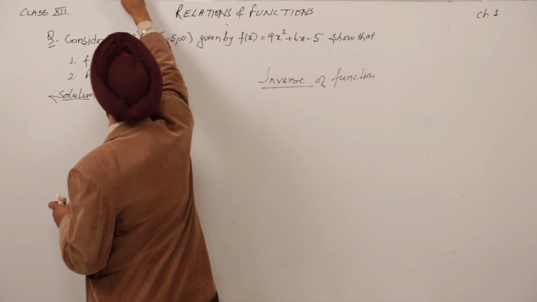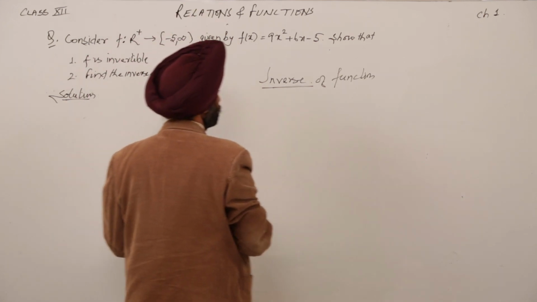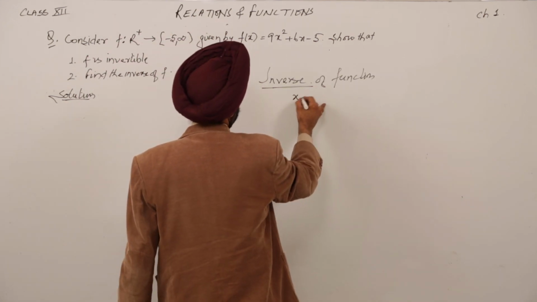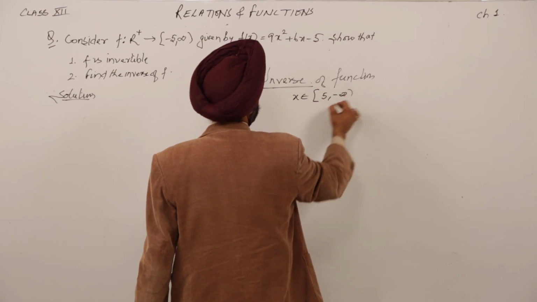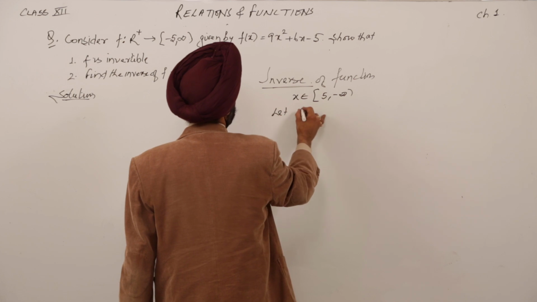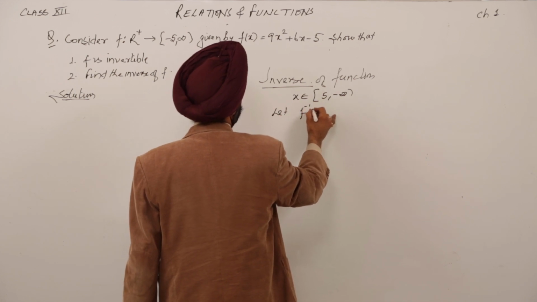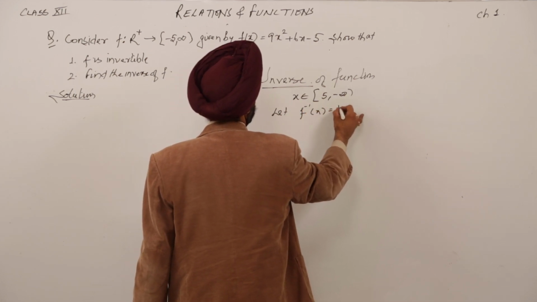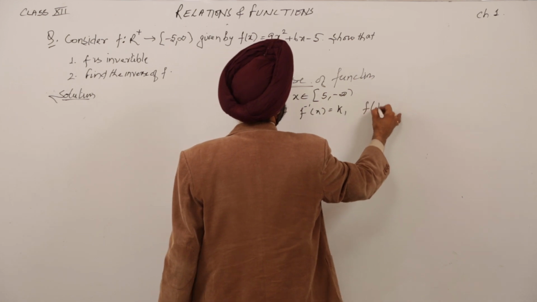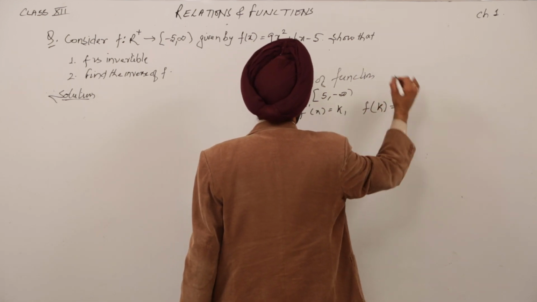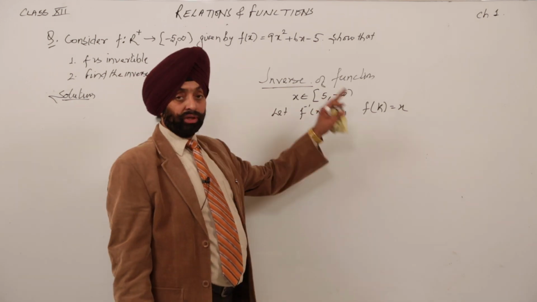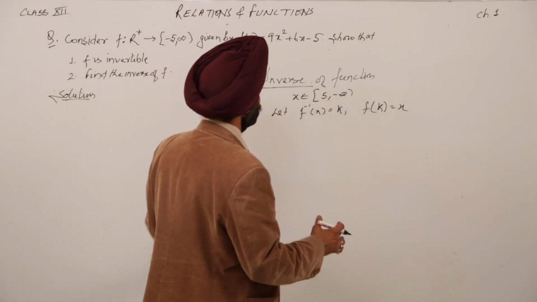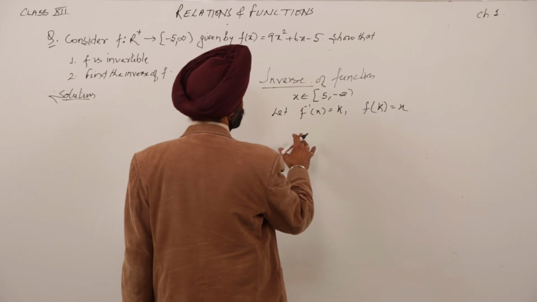Inverse of function is, here x belongs to minus 5 to infinity. Let f inverse x is equal to k, and we are getting f(k) is equal to x. Property for the inverse: f inverse x is equal to k, f(k) is equal to x. Now again we are moving on in our same question.